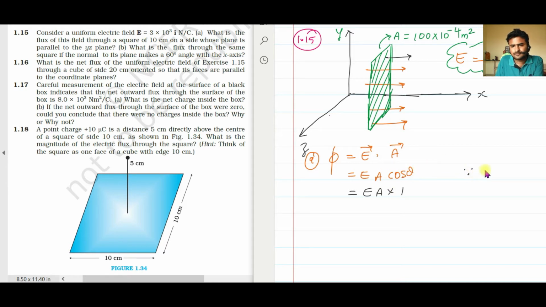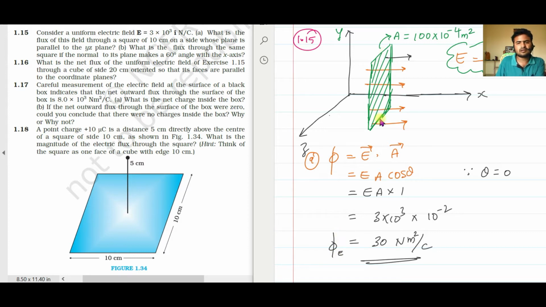With electric field 3 × 10^3 and area 10^-2, my answer is 30 Newton meter square per coulomb. Electric field into area, Newton per coulomb into meter square. That is my electric flux through this square of side 10 centimeter.